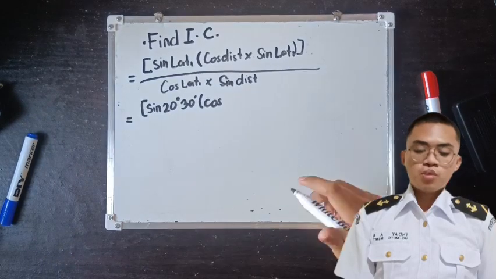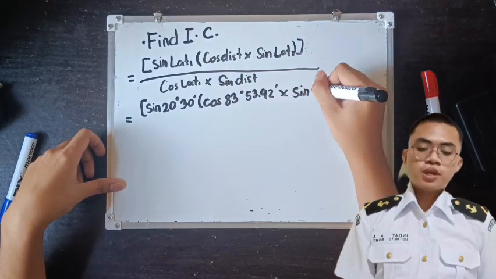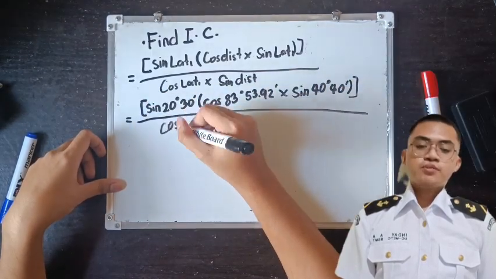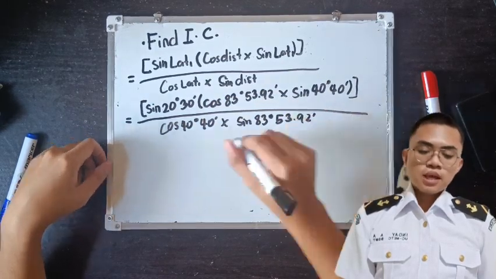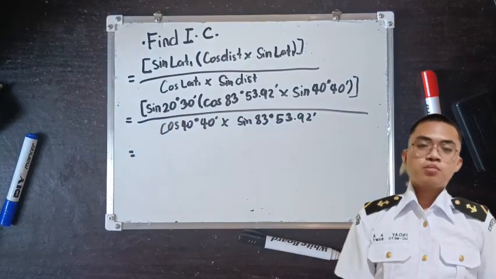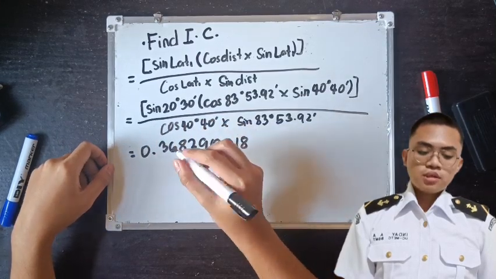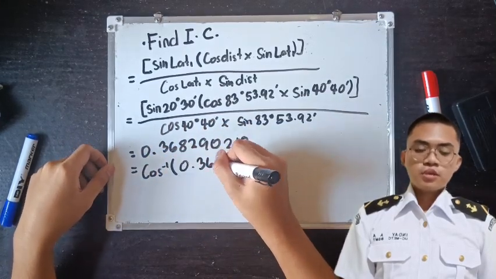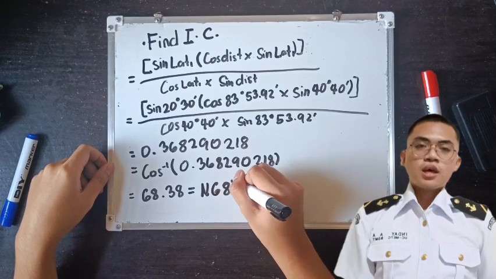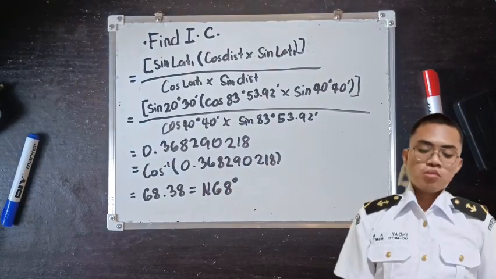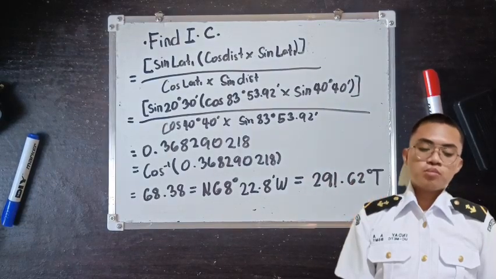Therefore, in this problem, we have sine 20 degrees 30 minutes minus the product of cosine 83 degrees 58.92 minutes times sine 40 degrees 40 minutes, all over cosine 40 degrees 40 minutes times sine 83 degrees 58.92 minutes. Now the answer will be 0.368290218. And by using the shift cos function of the calculator, we can obtain 68.38, which is equal to 291.62 degrees true.